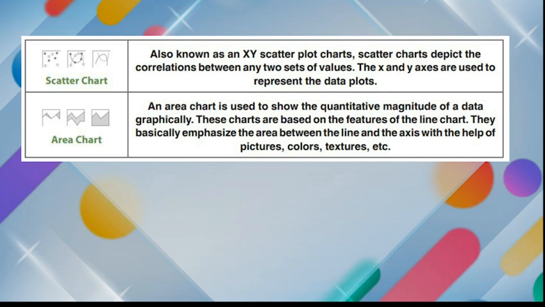The x and y axes are used to represent the data plots. An area chart is used to show the quantitative magnitude of a data. Graphically, these charts are based on the features of the line chart. They basically emphasize the area between the line and the axis with the help of pictures, colors, textures, etc.